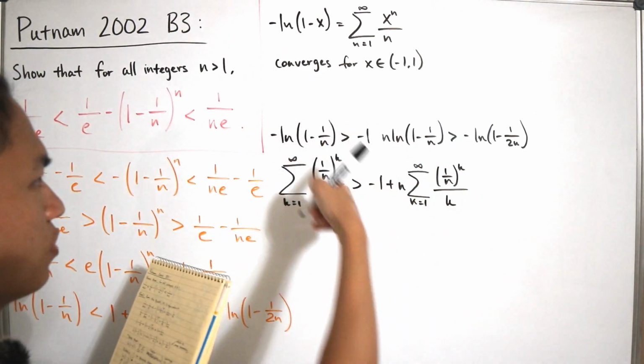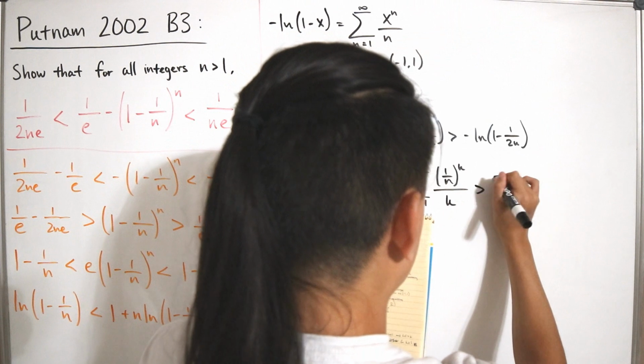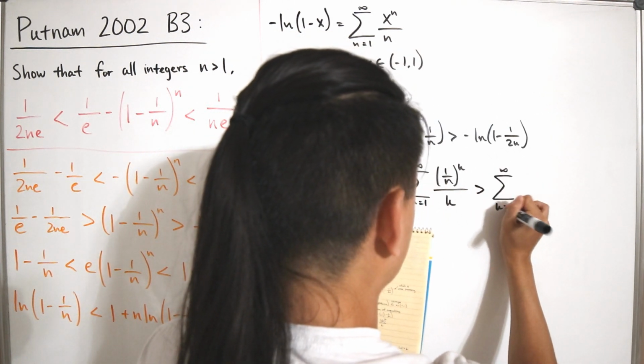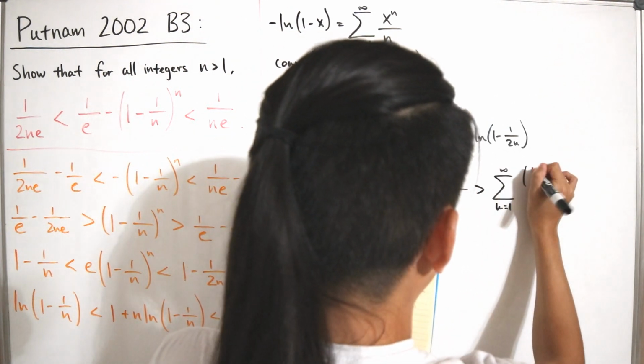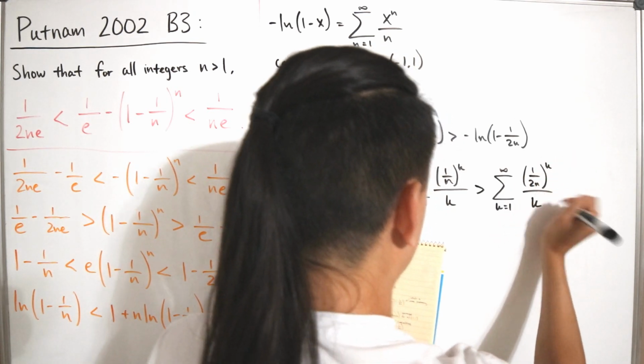It's the same thing as over here, so that's fine. Then greater than the infinite sum from k equal to 1 of 1 divided by 2n, to the power k, divided by k.